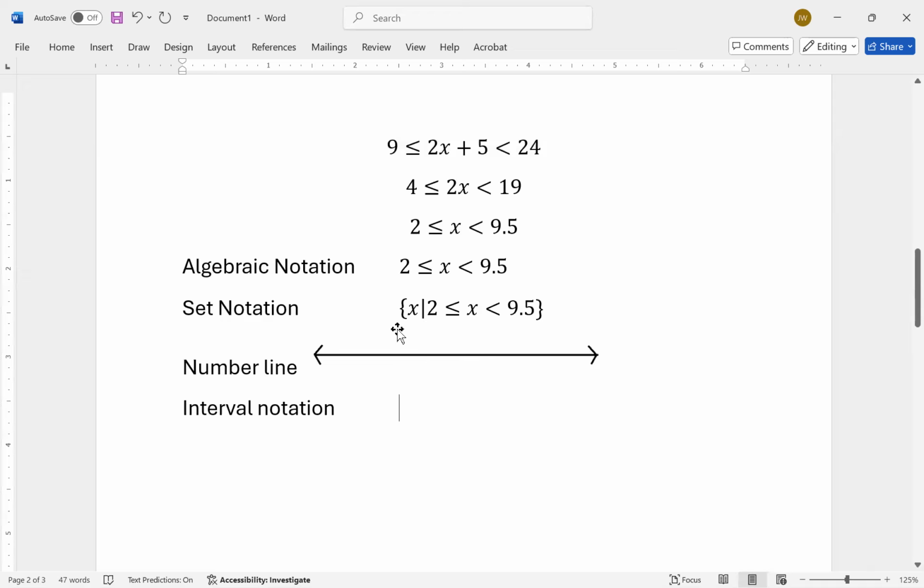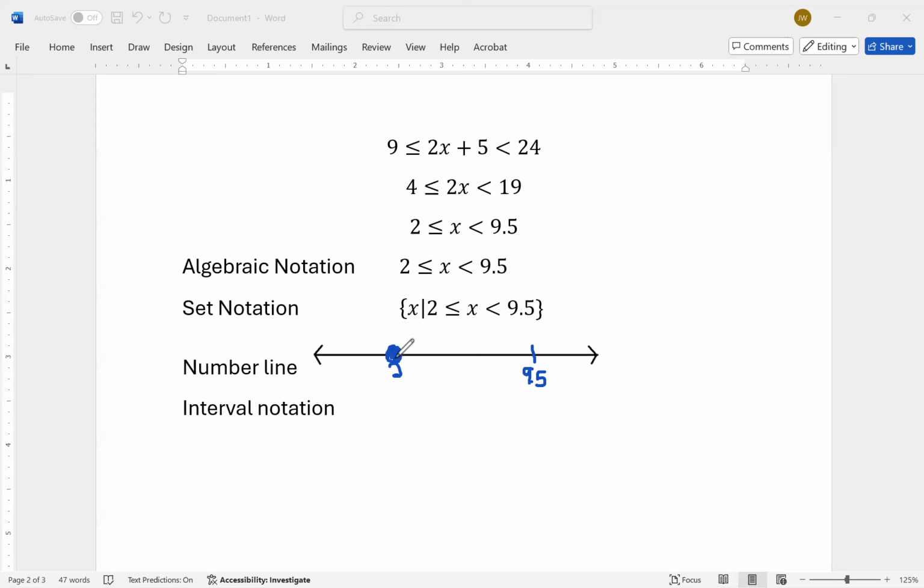Now, the number line is a little bit different because in this case, we have two interesting numbers. We have a 2 and a 9.5. So we're going to mark out where the 2 is. We're going to mark out where the 9.5 is. And we know that the x values can be anywhere between 2 and 9.5. They can be equal to 2, so we're going to put a closed circle on the 2, fill that in.